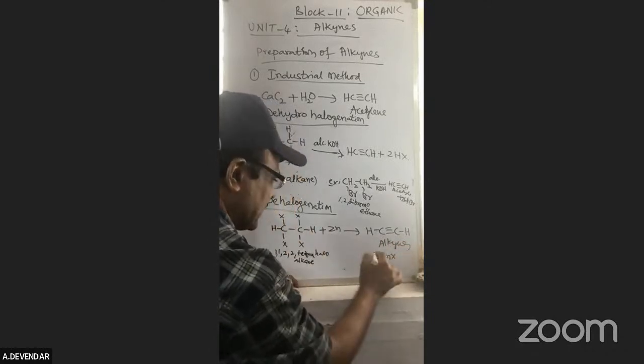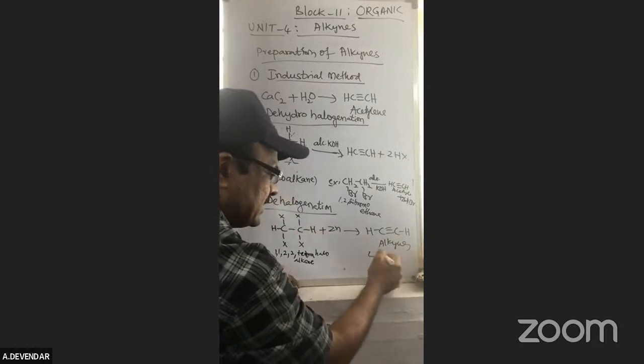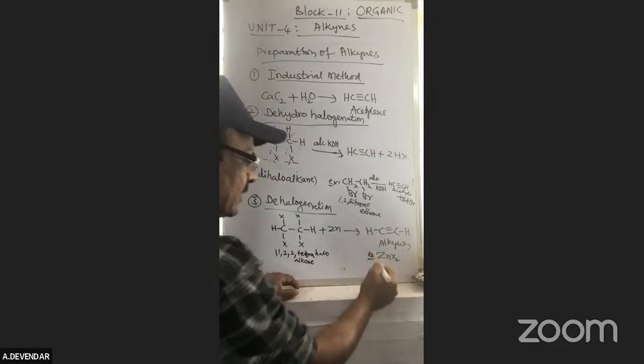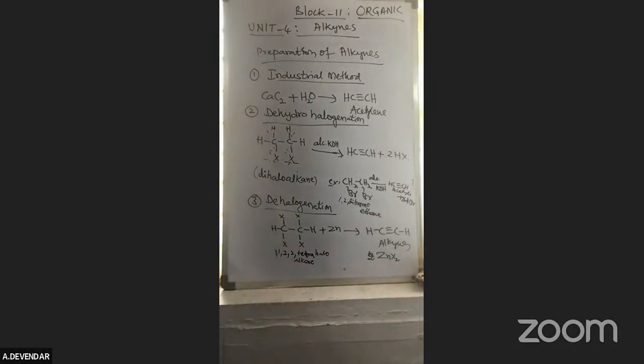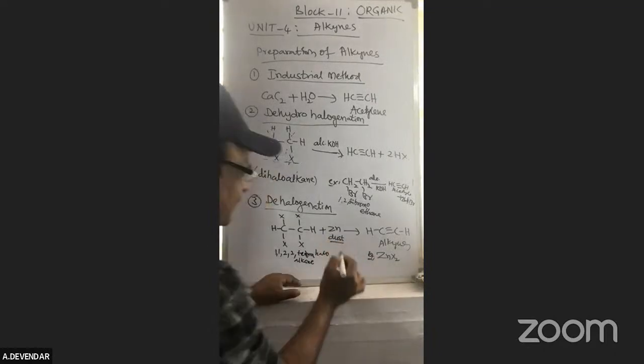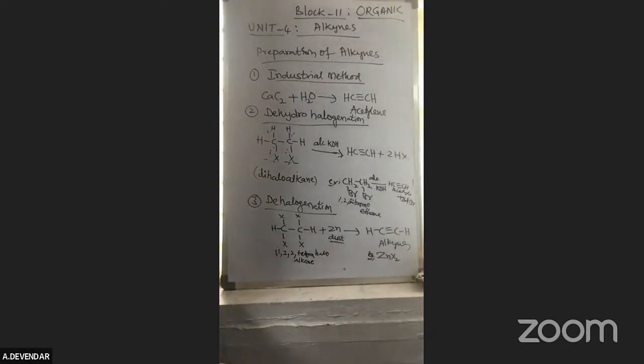Whatever the number will be, we are getting ZnX or ZnCl2, the remaining will be formed. So this is dehalogenation. Halogen will be removed with the help of zinc dust in this reduction process. This is about the preparations of the alkyne.